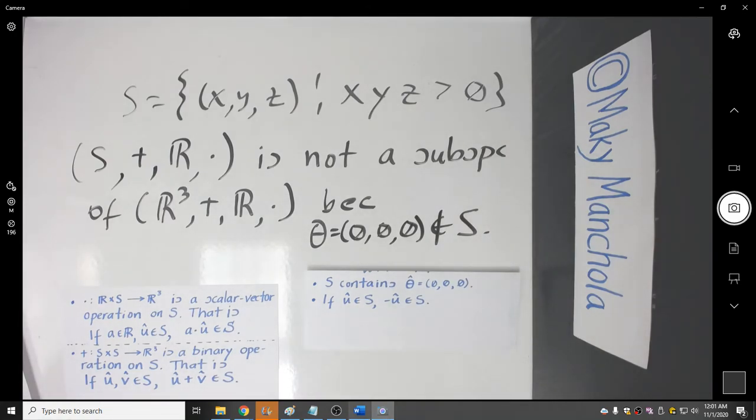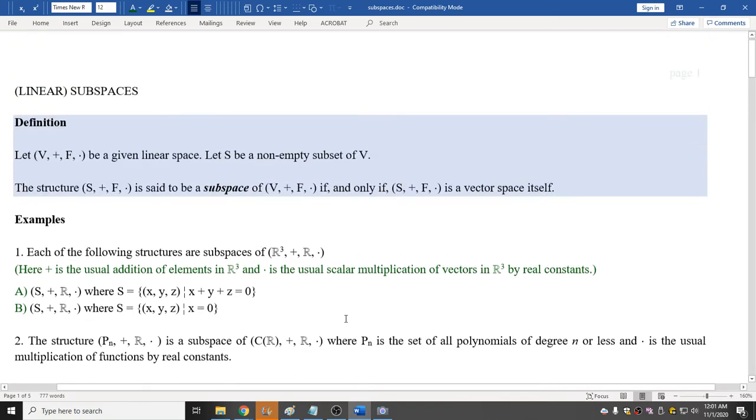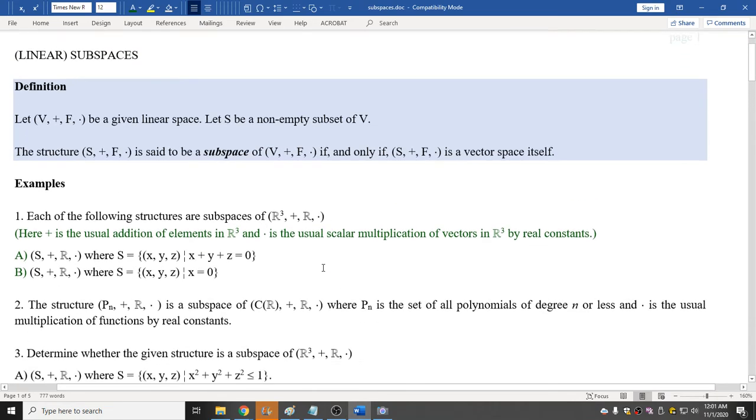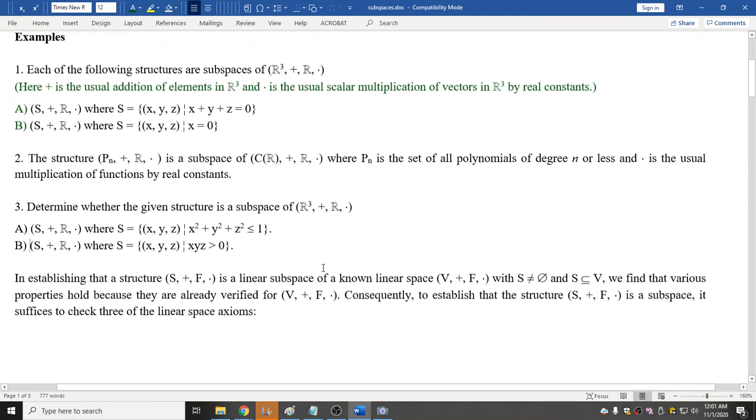Some examples. So we have our definition of what a linear subspace is, and we have various examples.